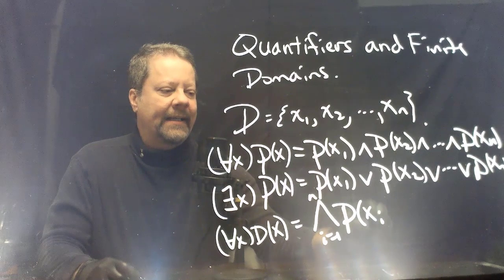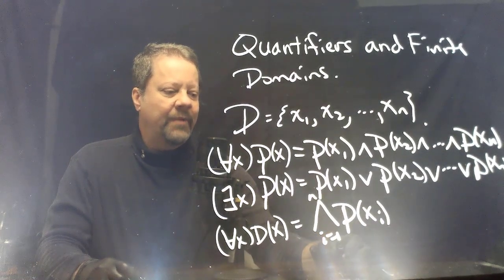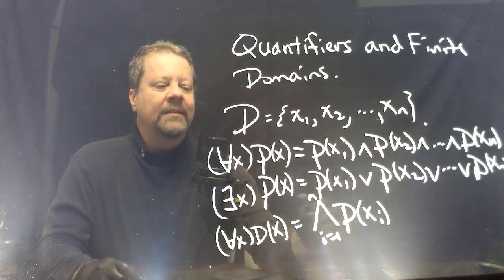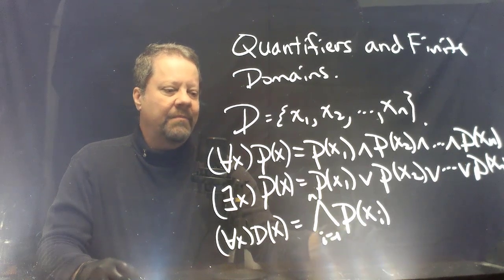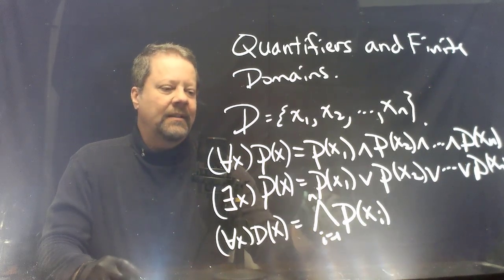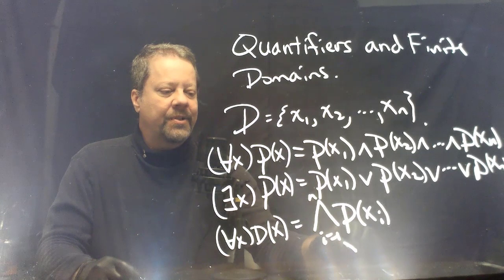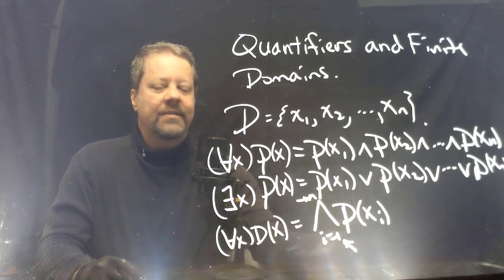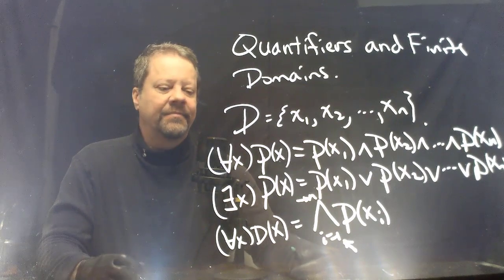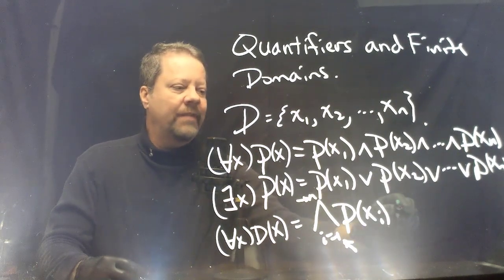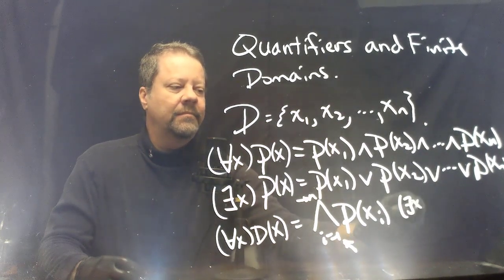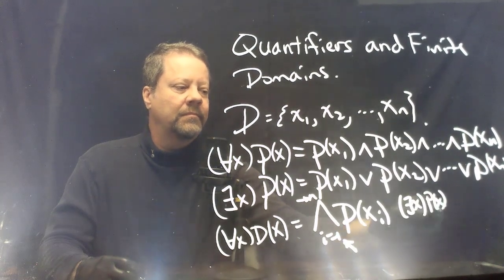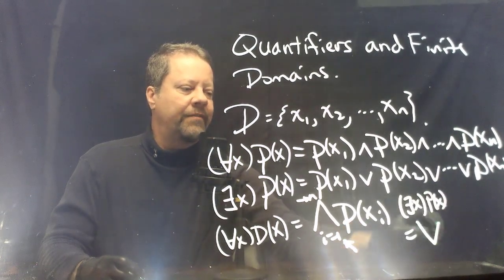So we have when i is equal to 1, p of x1, and what happens when i is 2, and this is the starting position, and this is the ending position for this group of ands. For the existential quantification, that'll be a bunch of ors.